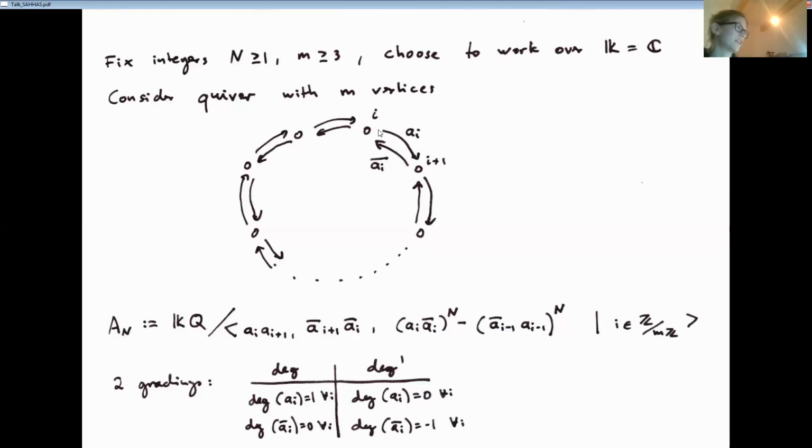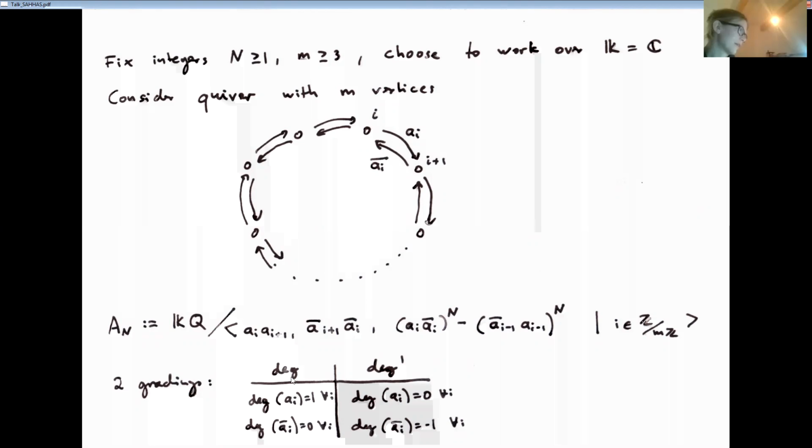So if we start at i, we can go n times in this cycle, and this will be equal to going n times that cycle. And in particular, if we post-compose with any of a_i or a_{i-1}, then this will be 0 due to this other rule.